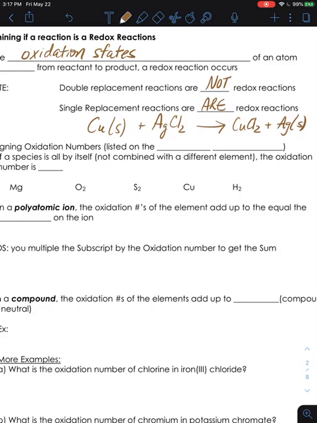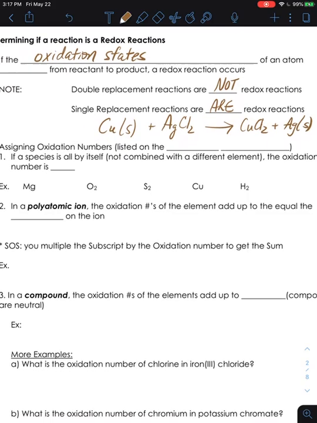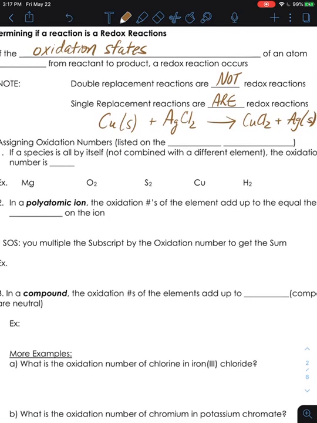So that's what we mean by redox reactions. Now, not all reactions will be spontaneous, so we're also going to, at some point, take a look at a table about activity series. Get back to that another time.